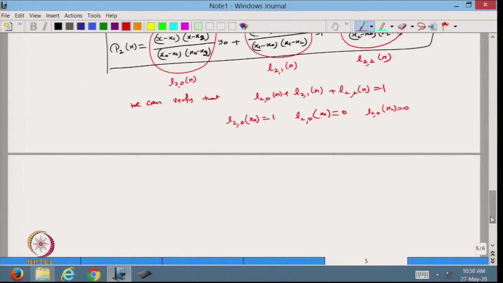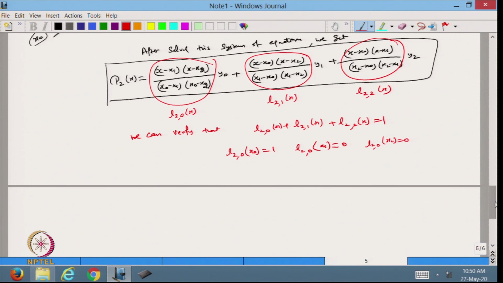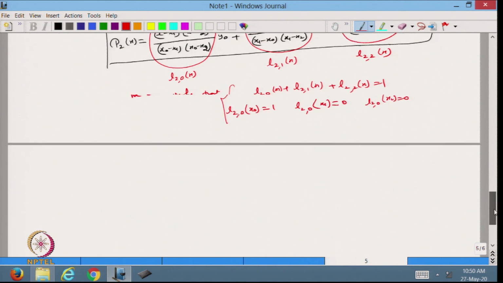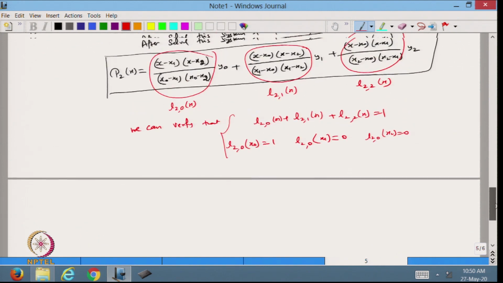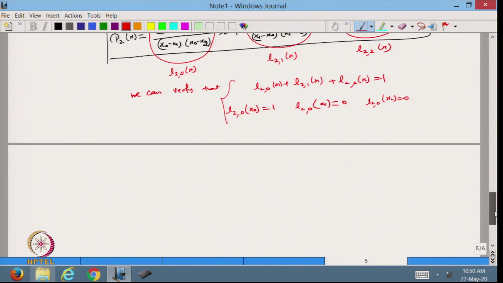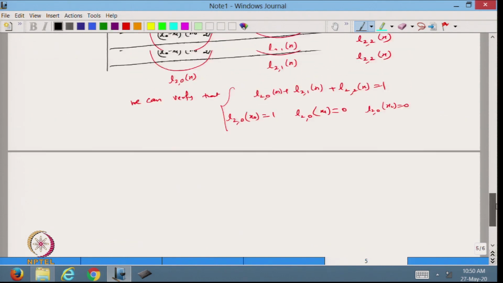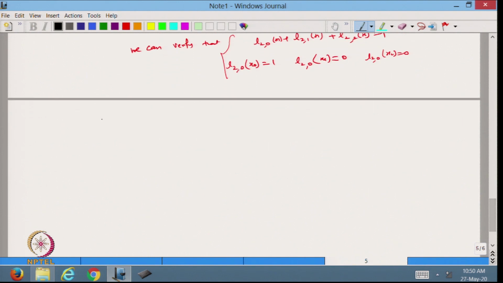So based on this we can write the quadratic interpolating polynomial, whose coefficients, the fundamental Lagrange polynomials, satisfy the corresponding conditions. So from here now I will try to write down the general Lagrange interpolation.